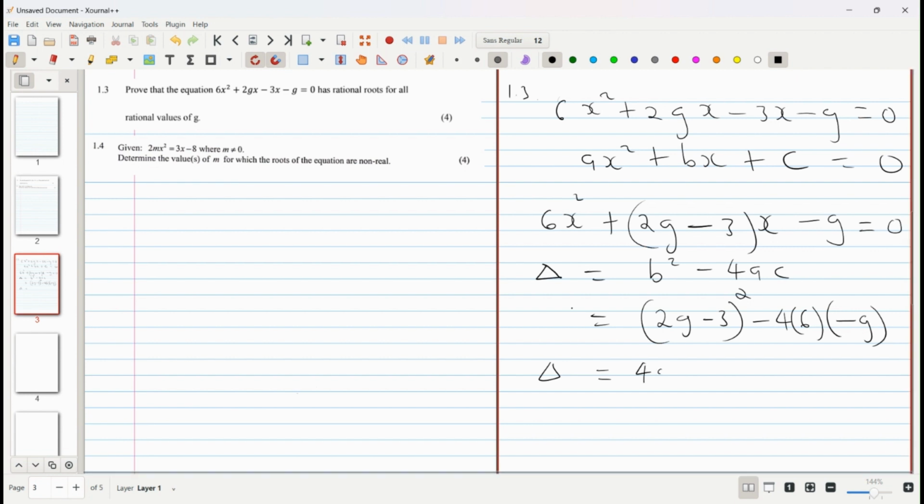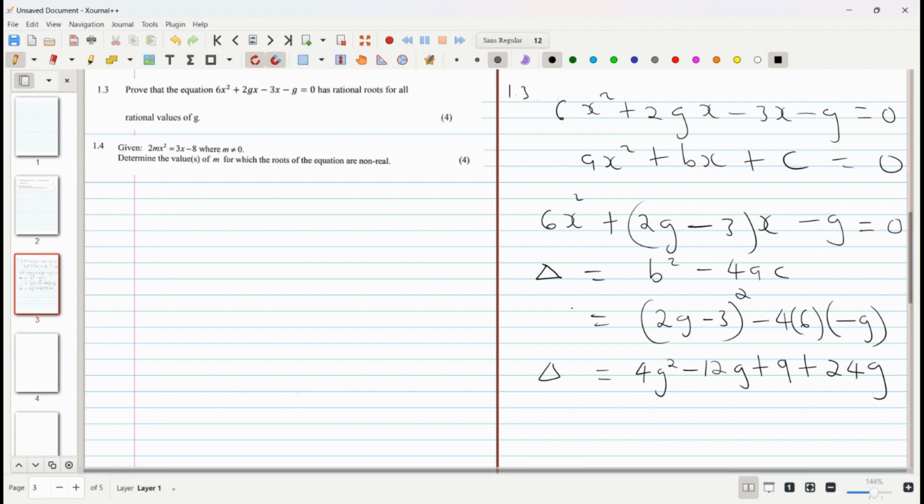We'll have 4g squared, and then this will have minus 12g, and then plus 9. Okay, and then negative 4 times 6 is negative 24 times negative g. So we'll have positive 24g.